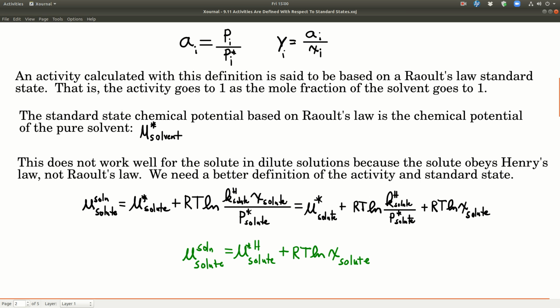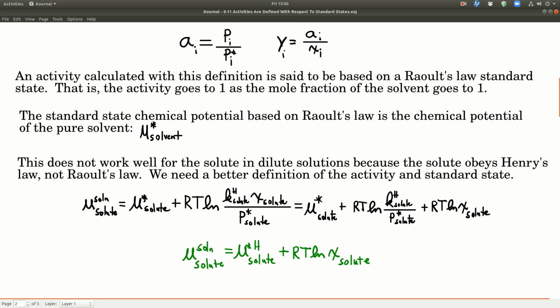That means the activity goes to 1 as the mole fraction of the solvent goes to 1. The standard state chemical potential, based on this Raoult's law standard, is the chemical potential of the pure solvent, mu solvent, asterisk. However, that doesn't work when we're talking about a solute in dilute solutions, because the solute obeys Henry's law, not Raoult's law.